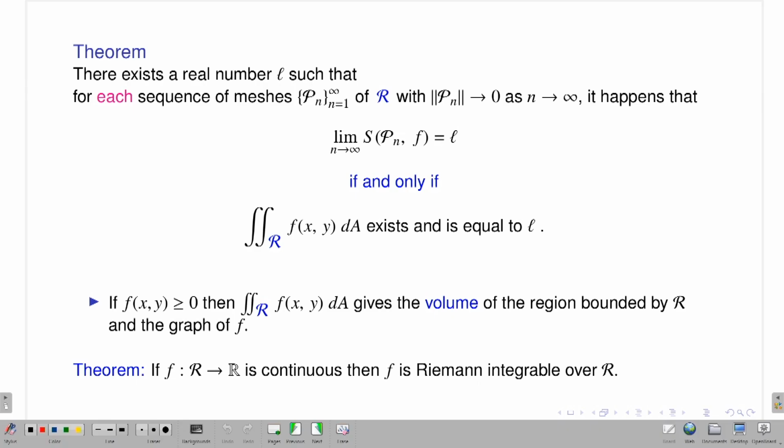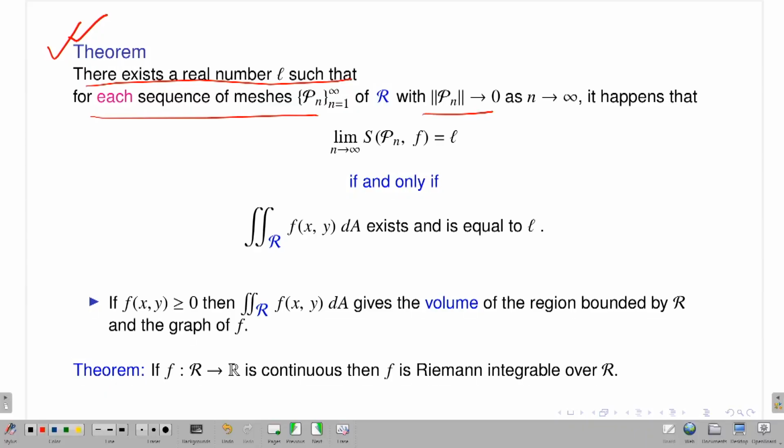Okay. So, I have written the same thing, whatever I have discussed, in another way, as a theorem. It says that suppose there exists a real number L and suppose you have a sequence of partitions Pn of R such that the norm of the partition goes to 0 as n approaches infinity.